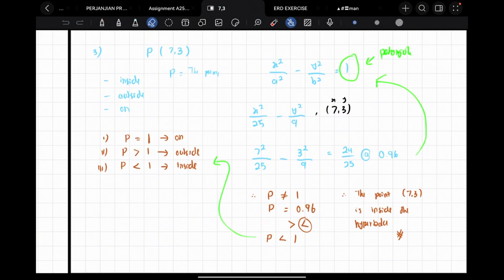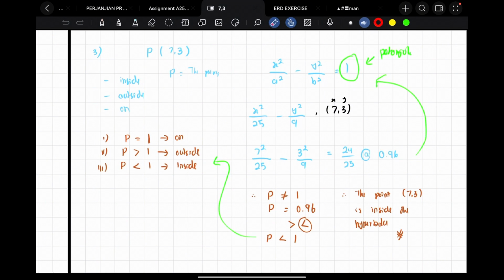Thus, we know that the standard equation for a hyperbola must equal 1. Let's take a look at the rule here. When p equals 1, the point is on the hyperbola. When p is greater than 1, it is outside the hyperbola, and when p is less than 1, it is inside the hyperbola.